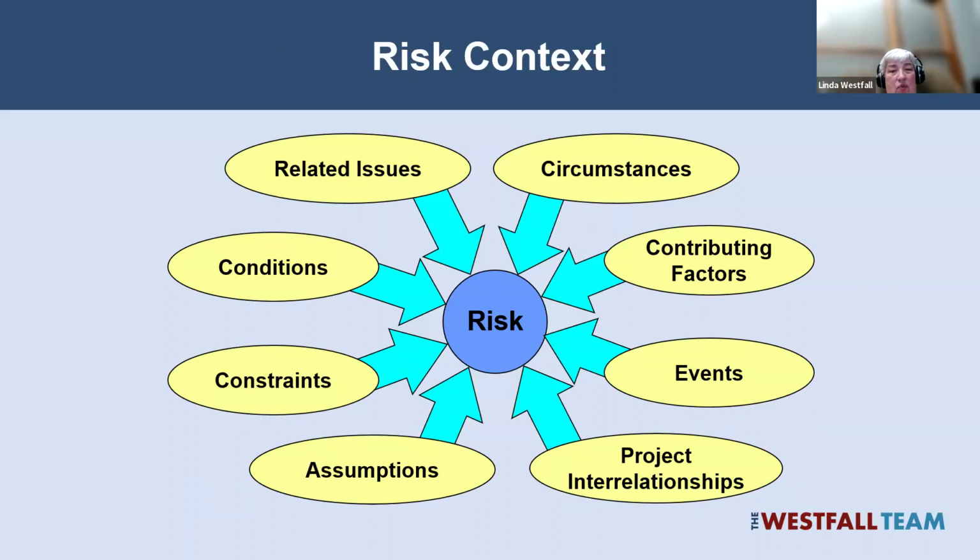So to analyze a risk, we've got to understand what the risk is. The first step in analyzing the risk is looking at the risk's context. Now, these are just some words to get you thinking about and discussing. For example, the conditions of that board between the two 5-story buildings might be it's a really windy day, or we just had ice last night and the board's a little slick.